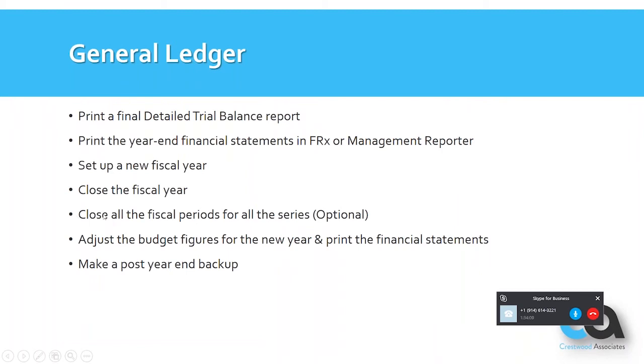Okay, so at that point we've closed everything, we've updated our periods, and you could adjust your budgets for the new year and then make a final year-end backup. And at that point, you're all done with all the subledger modules and the general ledger.